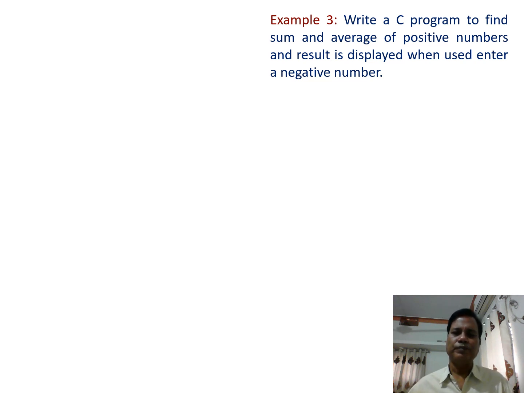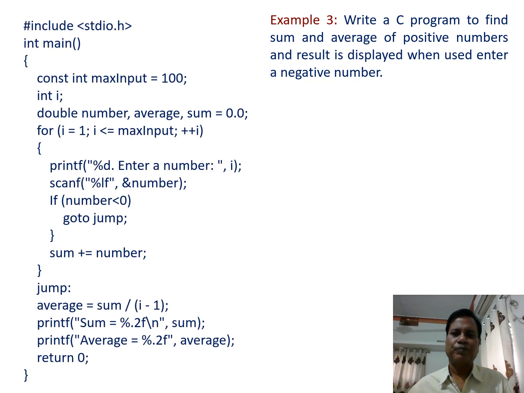So this program is for addition of the positive numbers as well as the average of the positive numbers, and the program terminates whenever the user enters any negative number. So a program may be written like this one, and again we use the goto statement to terminate the loop.